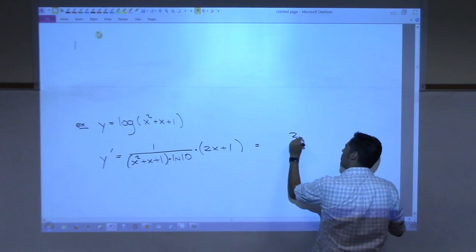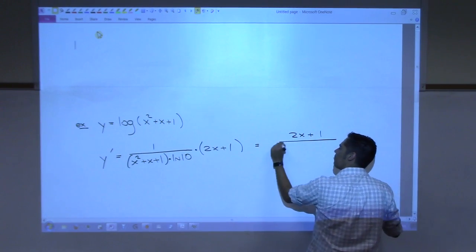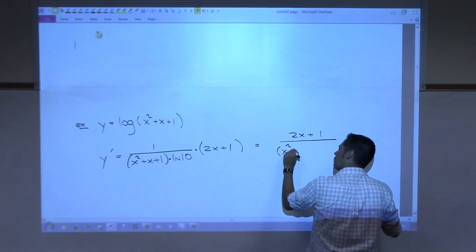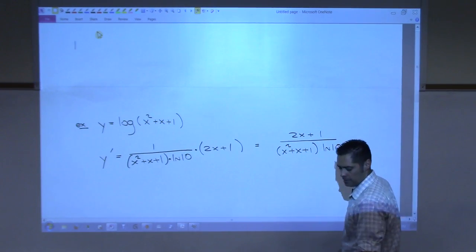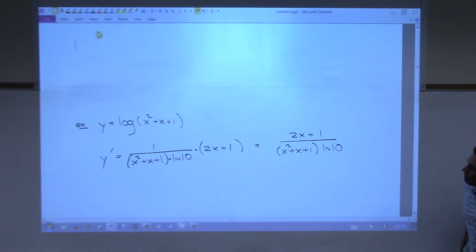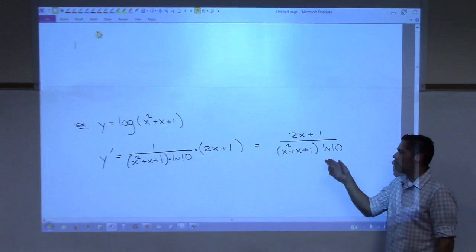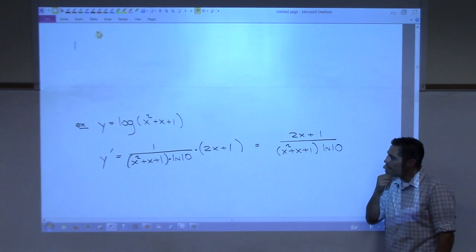Which you would probably see written this way. Probably like break these two to be 2x plus 1 because that's where you do that. Or not. I don't know what they would do. I would think that they would probably leave it like this.